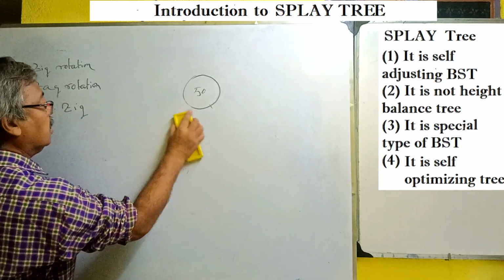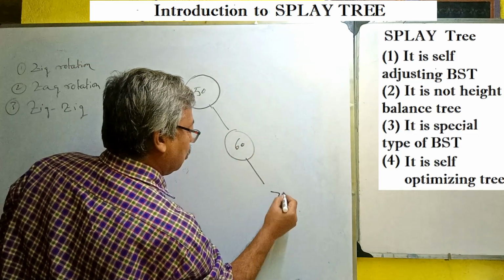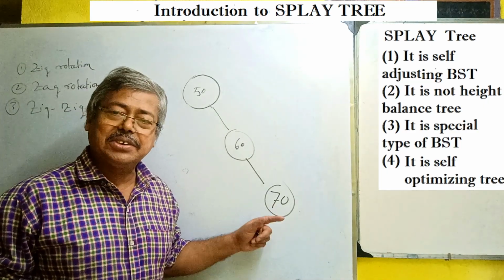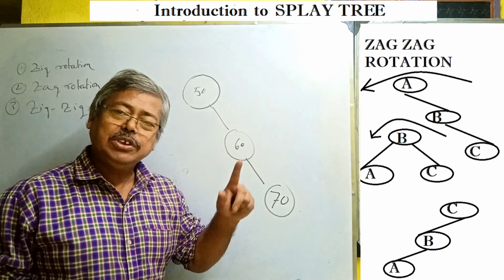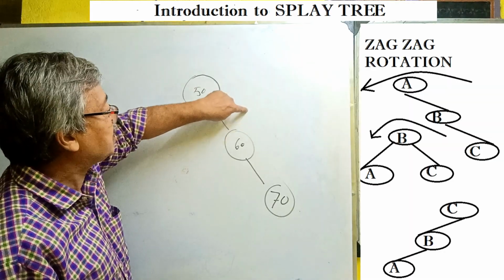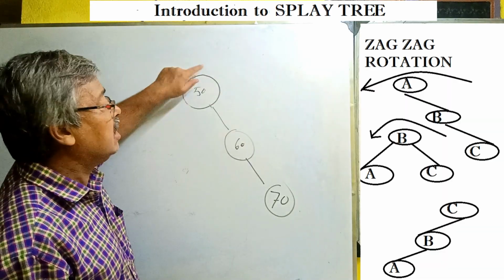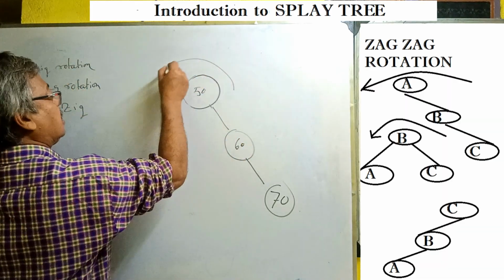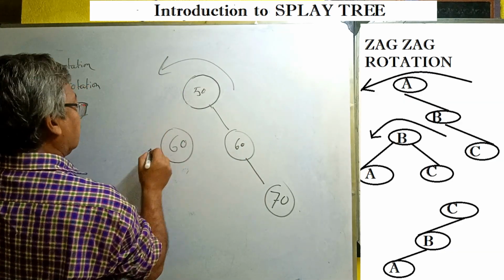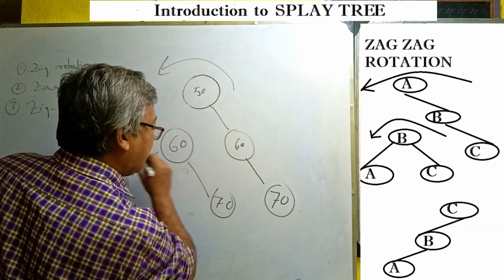Suppose the node has value 50, its right child is 60, and another child has value 70. If we want to search 70, this is the search node. Similarly, with the opposite side rotation, that is the zag rotation. One zag rotation is required to bring 60 to the root, and another zag rotation is required to bring 70 to the root. So two zag rotations. After the first rotation, 60 is in the middle place as the root position, and 70 is the right child of 60.